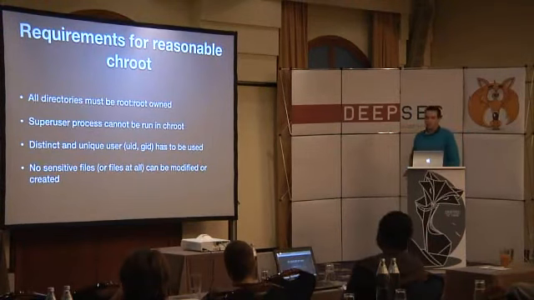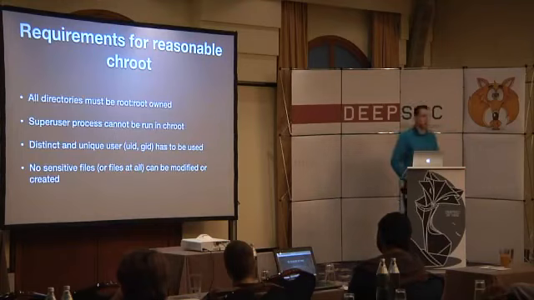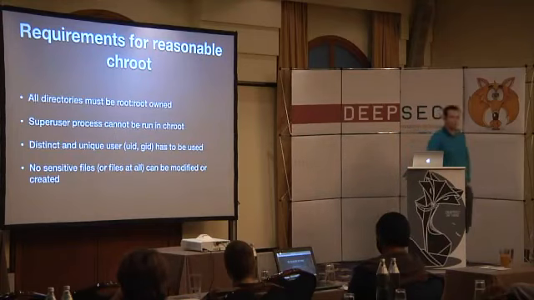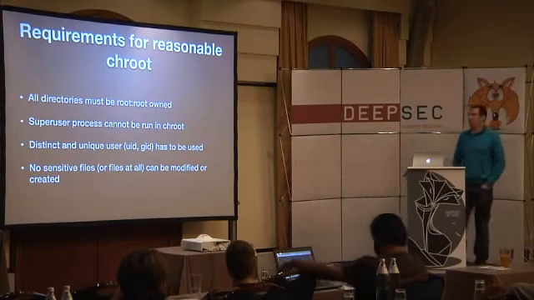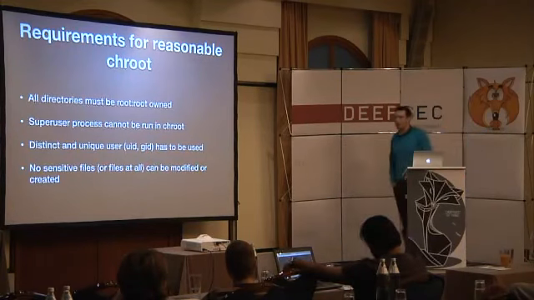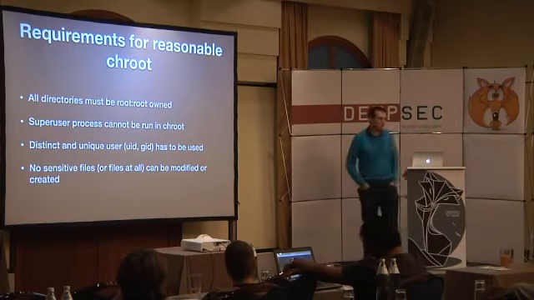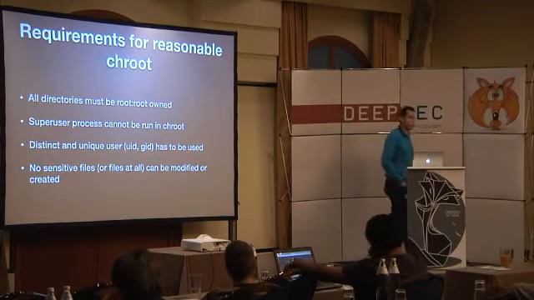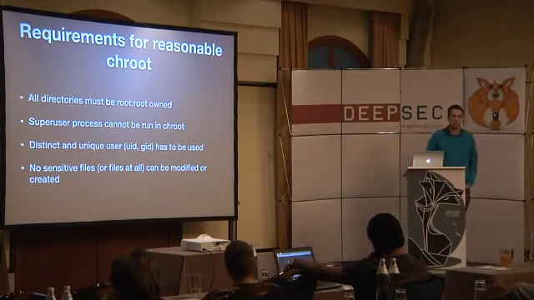If you are running any process in the chroot environment, and you will if you are creating one, then you have to make sure that all of the user IDs and group IDs are distinct and unique, and no sensitive files can be modified by the user who is running the process in the chroot environment.